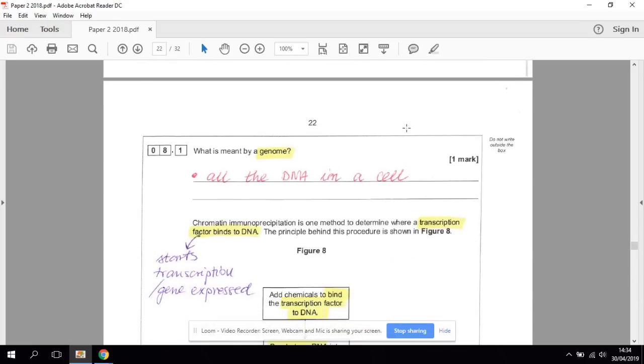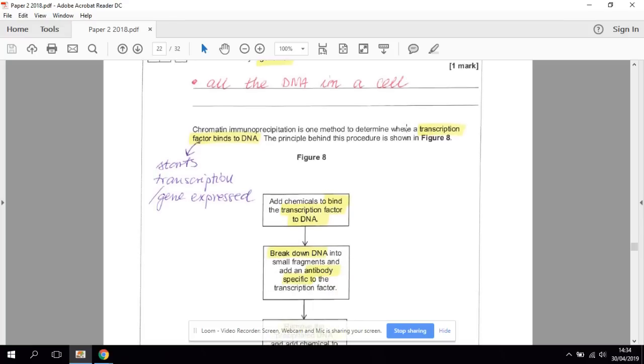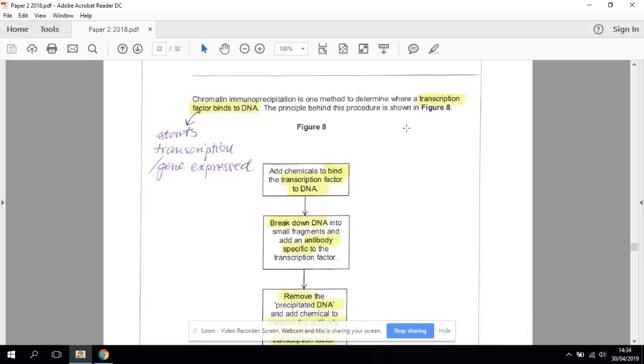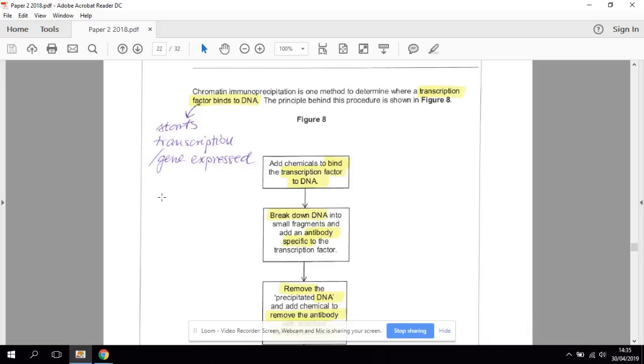Right, genome definition: all the DNA in the cell. Here we've got a figure that shows you the information about the transcription factors. What's the job of a transcription factor? It is to start transcription, and of course the gene needs to be expressed.